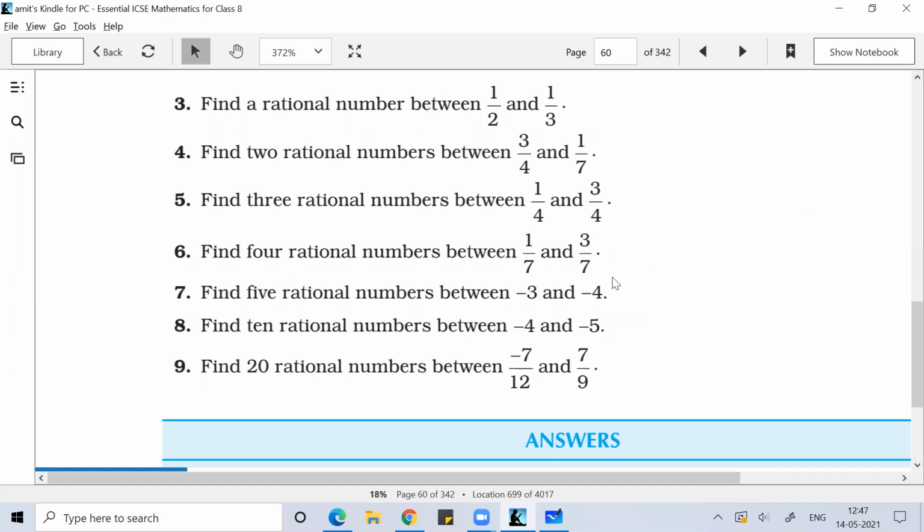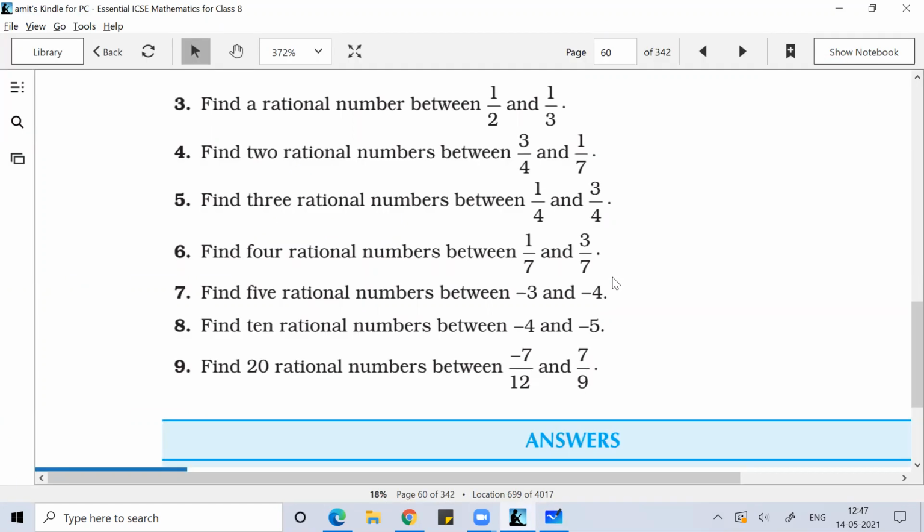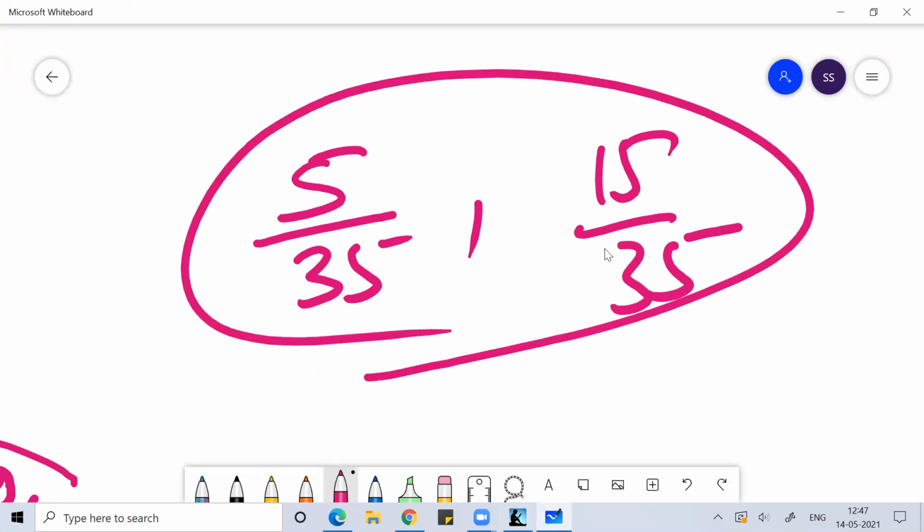So you're multiplying 5 with both, right? 5 by 35 and 15 by 35. Correct. So once you get 5 by 35 and 15 by 35, can you find 4 rational numbers between them?